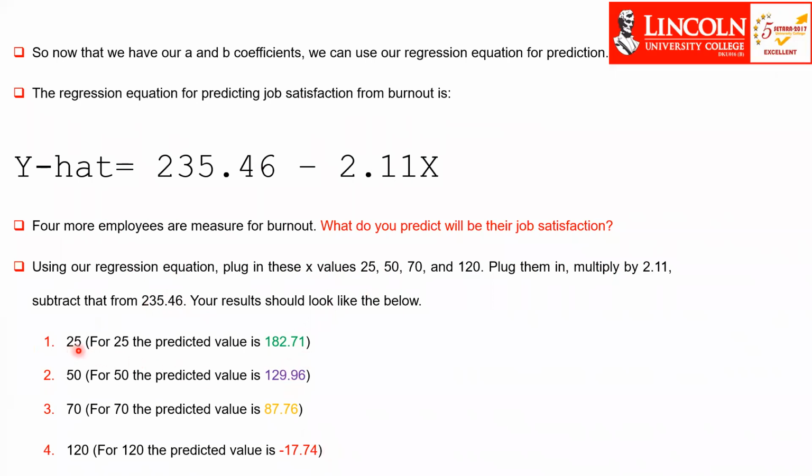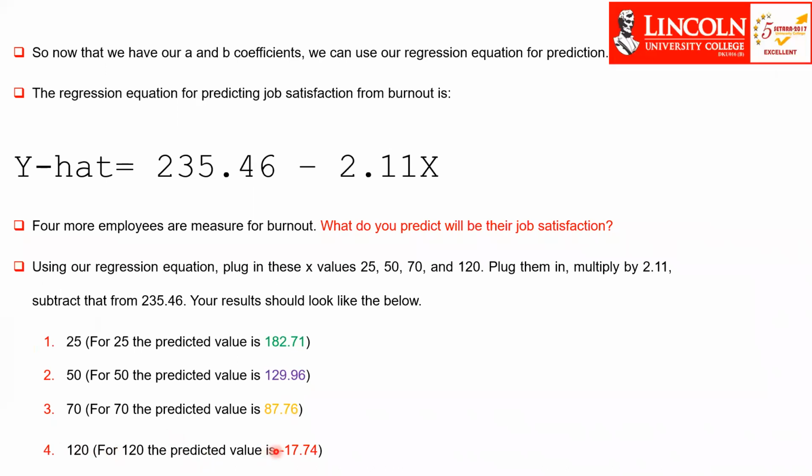Your result should look like what you have here. When you have 25 for X, your Y will be 182.71. When you have 50 for X, your Y will be 129.96. When you have 70, your Y will be 87.76.